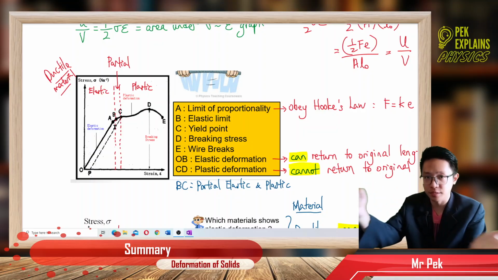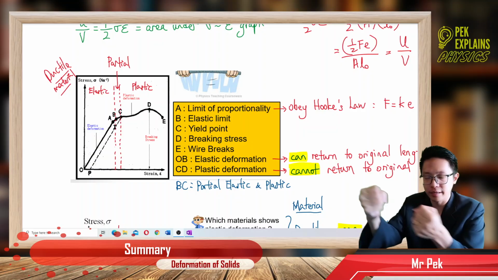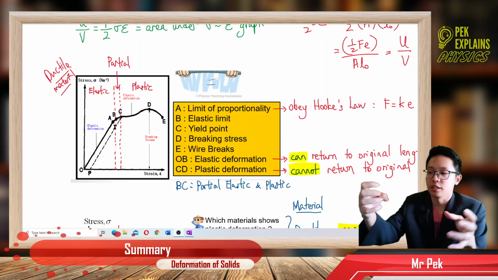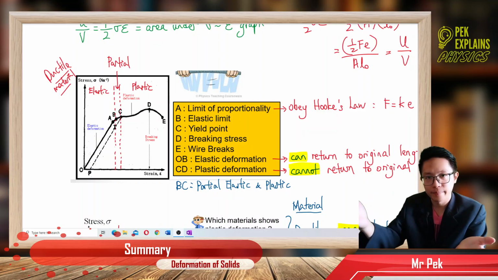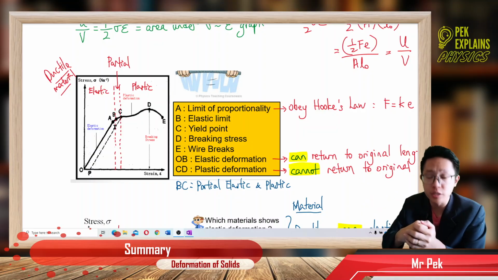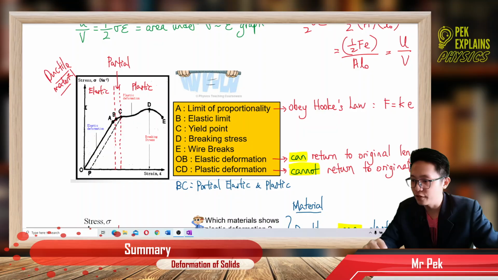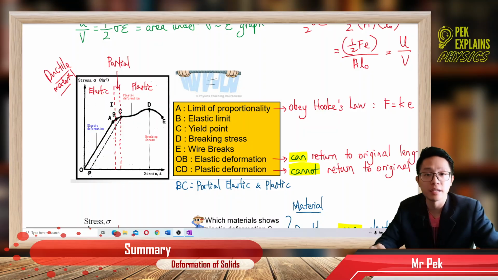When the force applied becomes zero because you release, the spring will return to original length. That's called elastic deformation. So the first part is the elastic deformation. That means for elastic deformation, we have a limit.